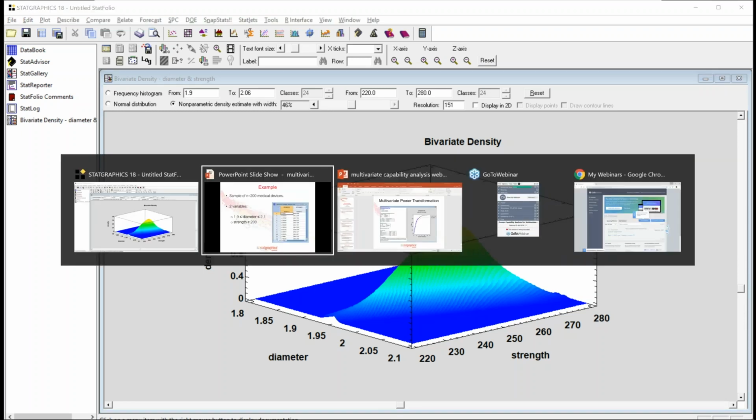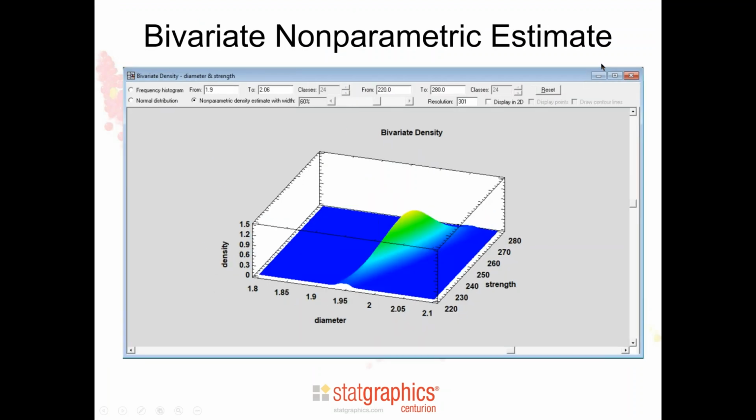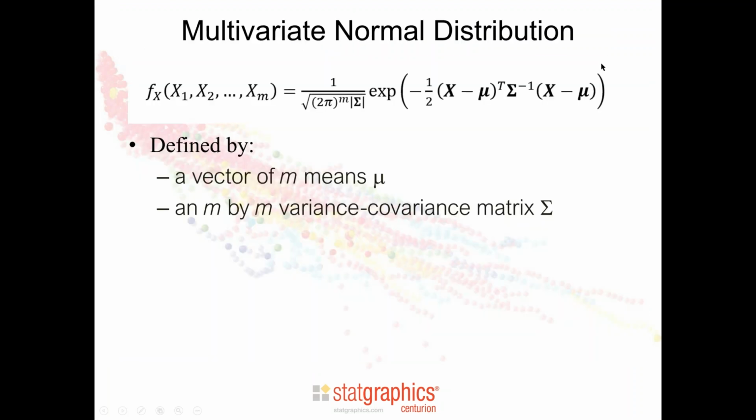Okay. Now, given we've seen that, and I'll go back to my slides here for a moment, it's time to write down a mathematical model for the data. Now, the primary model for multivariate data, the one that is the baseline distribution that we will assume most of the time unless we see evidence to the contrary, is that of a multivariate normal distribution.